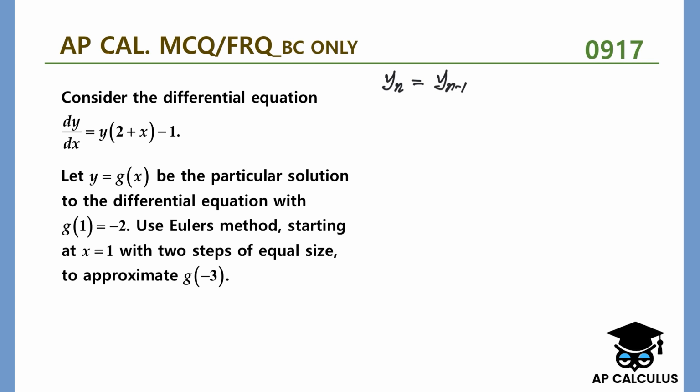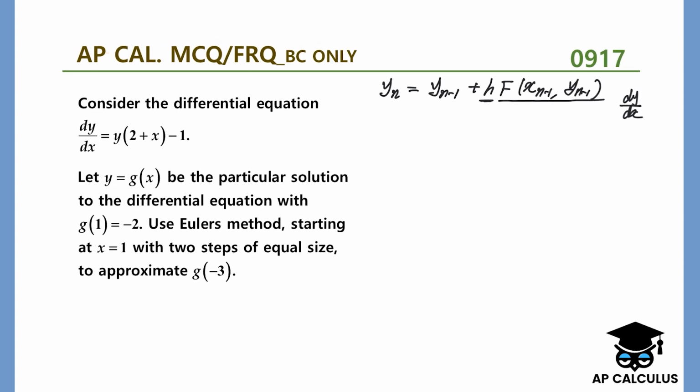y_n is y_(n-1) plus h times f(x_(n-1), y_(n-1)), right? h is the step size, f is the slope dy over dx at the point x_(n-1), y_(n-1). Here is the number line x. We are starting at x equal 1, so let's say here is 1.